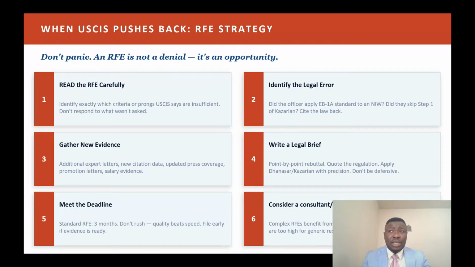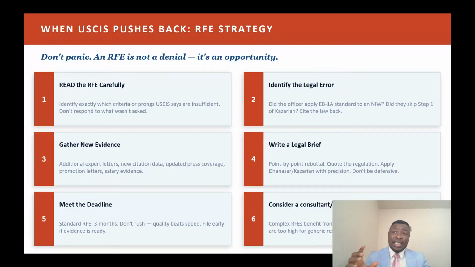But I saw that the first prong was considered, that the officer says that the petition has substantial merit and national importance, but the second prong was not considered. The officer even said in the RFE that this person's citation is impressive, but this person has not shown that they have had impact in their field. It was very contradictory. So I could see where the officer was applying EB1 standard to this EB2 case.